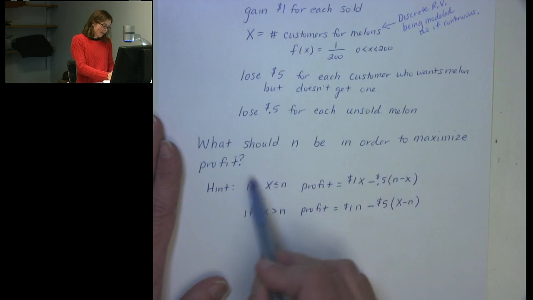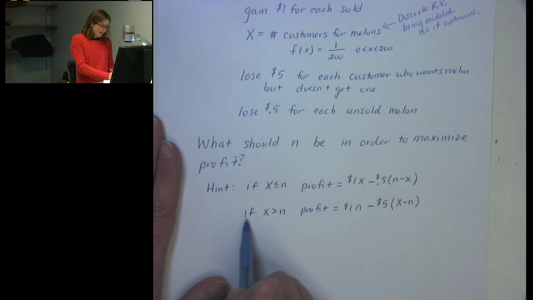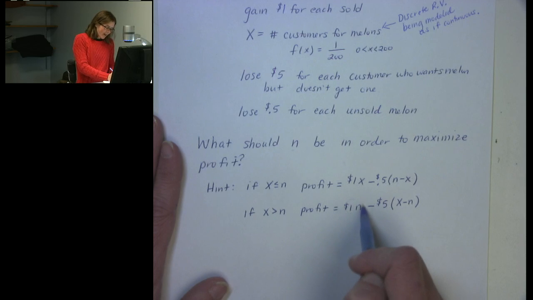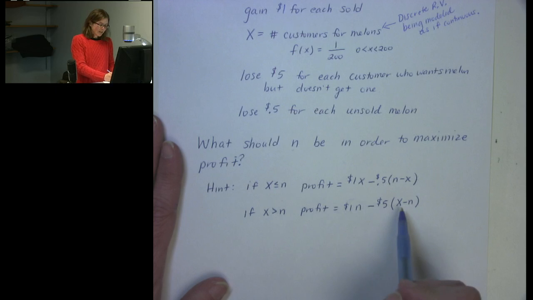So this will be the profit if X is less than or equal to N. If X is greater than N, then they're going to sell their N watermelons, but they have more people who want them. So there are going to be X minus N extra people who wanted watermelons and didn't get them, and they'll lose $5 for each of those people.